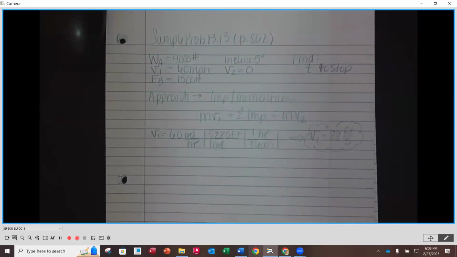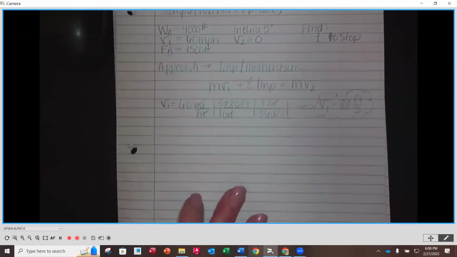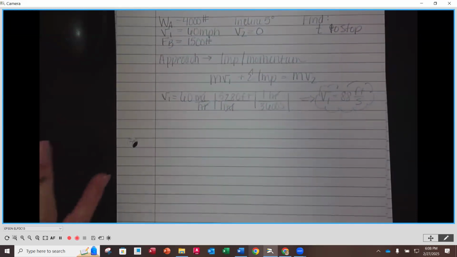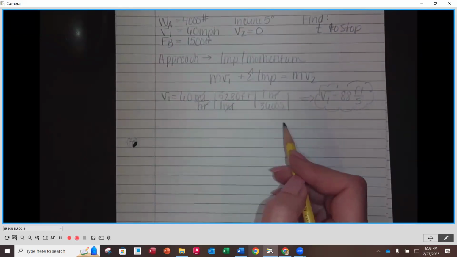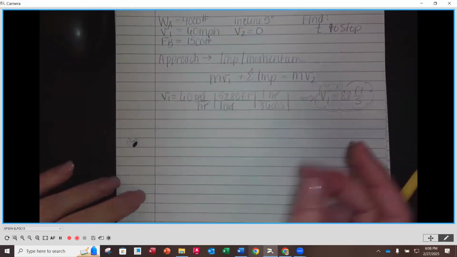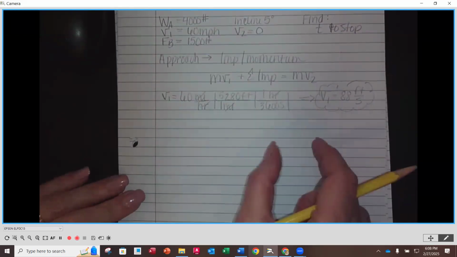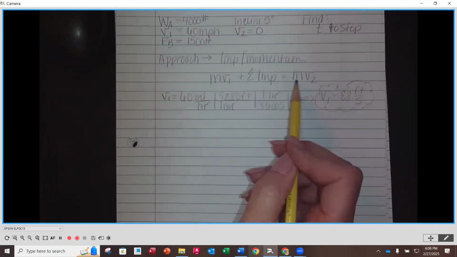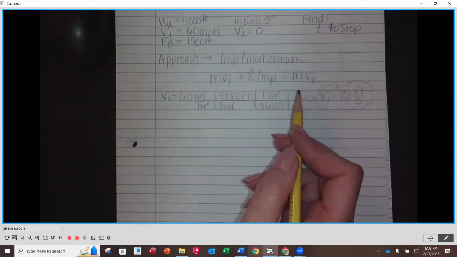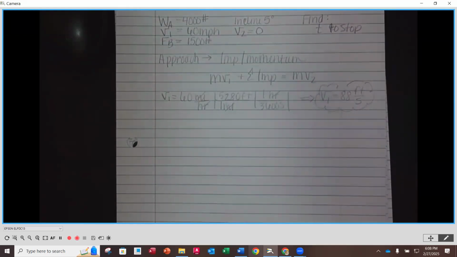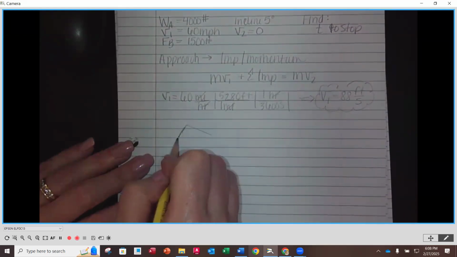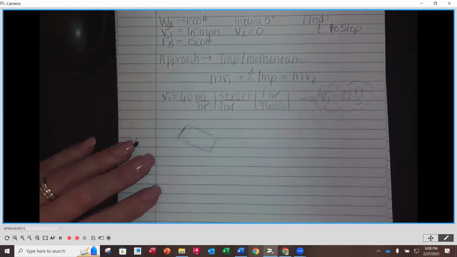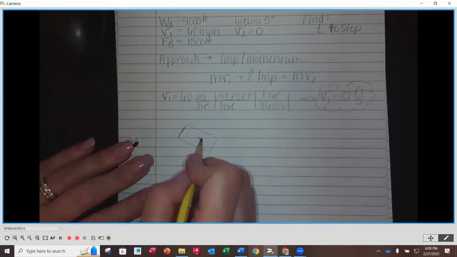Now let's look at a diagram of our situation here. So just like in Newton's second law, where we sum the forces and set it equal to the mass times acceleration, and we draw two different diagrams equaling each other, we're going to draw a diagram for each one of the steps along the way here in our impulse momentum. So I'm going to start by drawing, and the car is just going to be this rectangle. This is going down that 5-degree incline.